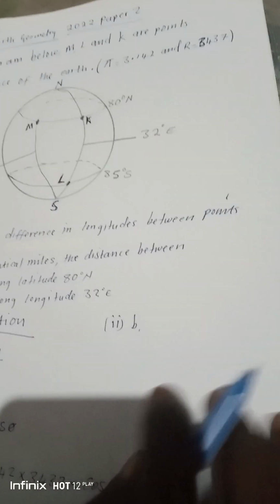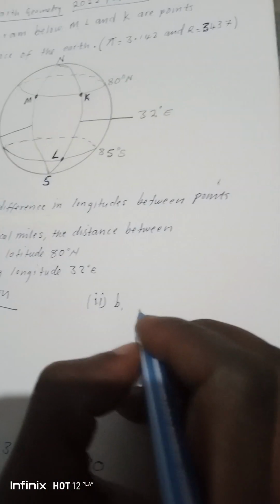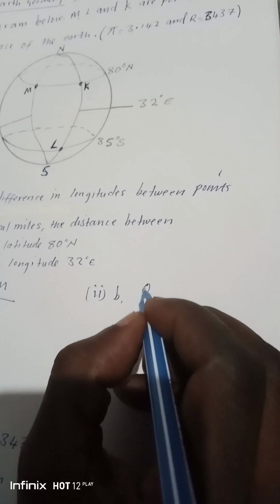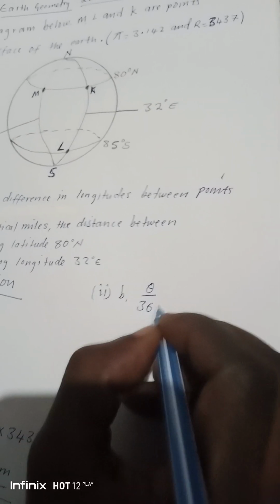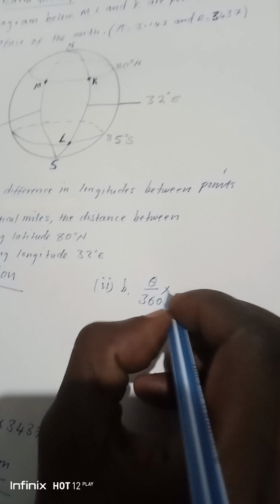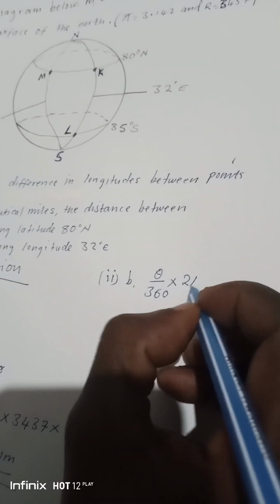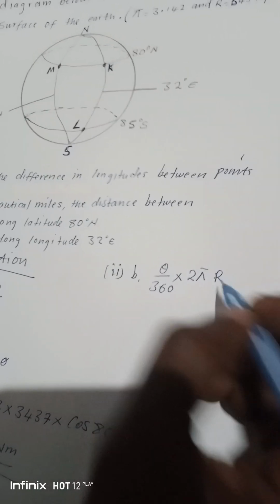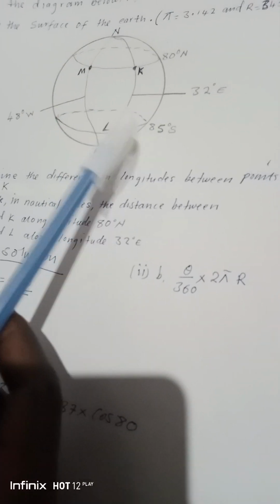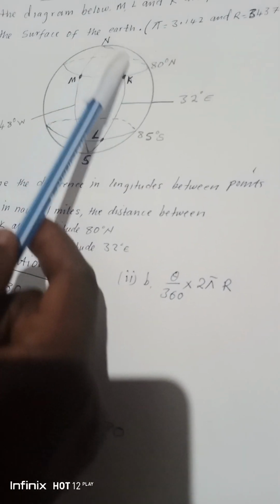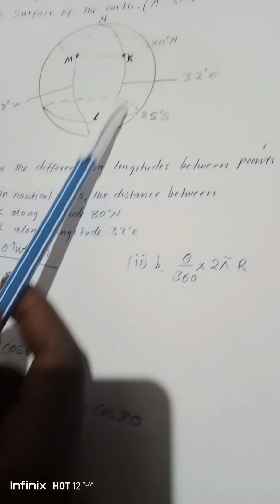Without spending much of our time, we introduce the same formula, which is theta over 360, then times 2 pi r. This time we are using the capital letter R, because we are dealing with the distance along the great circle.